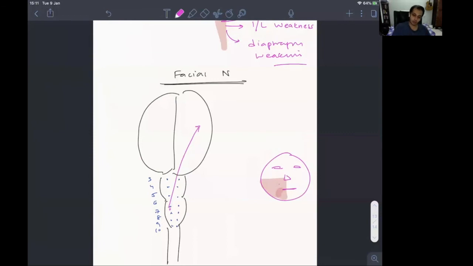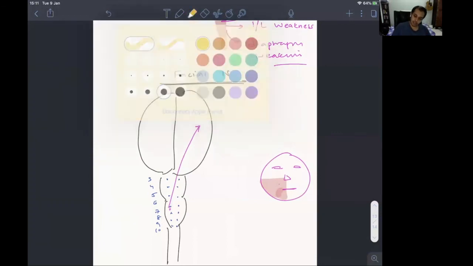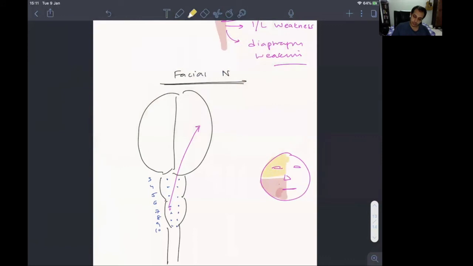Okay. Whereas the fibers of the upper part of the face have a bilateral supply. So the upper half of the face gets supplied from both sides, whereas the lower half of the face gets a supply only from the opposite side.